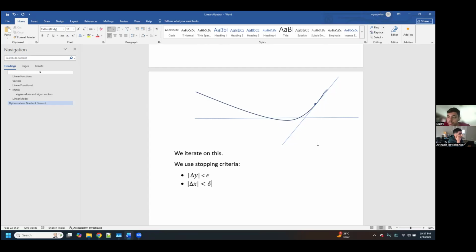If we zoom out, why are we doing this again? We want to maximize or minimize something, and maximizing or minimizing is setting the derivative to 0. Now let's say we want to do this in higher dimension.